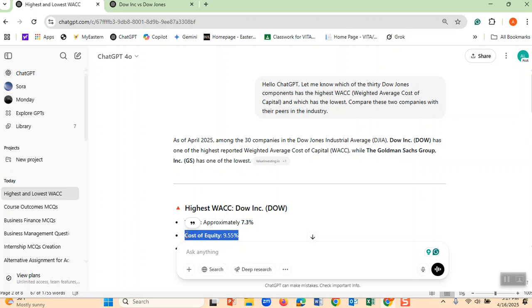But this company can also raise money through maybe the bank to borrow. That drops it a little and brings it to 7.3%. Therefore, this company, among those 30 companies, has the highest weighted average cost of capital.